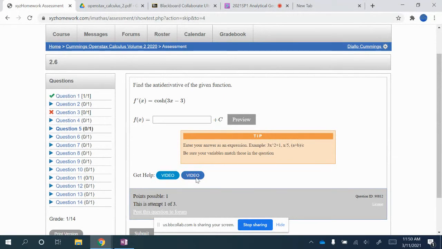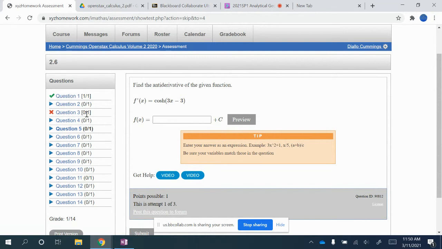You'll notice that the videos don't refer to anything about the integral. They all are videos about the derivatives for hyperbolic functions.